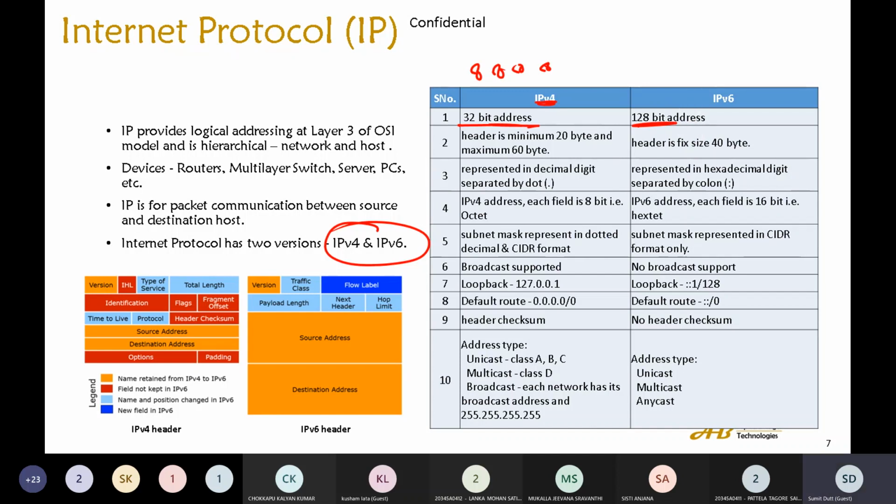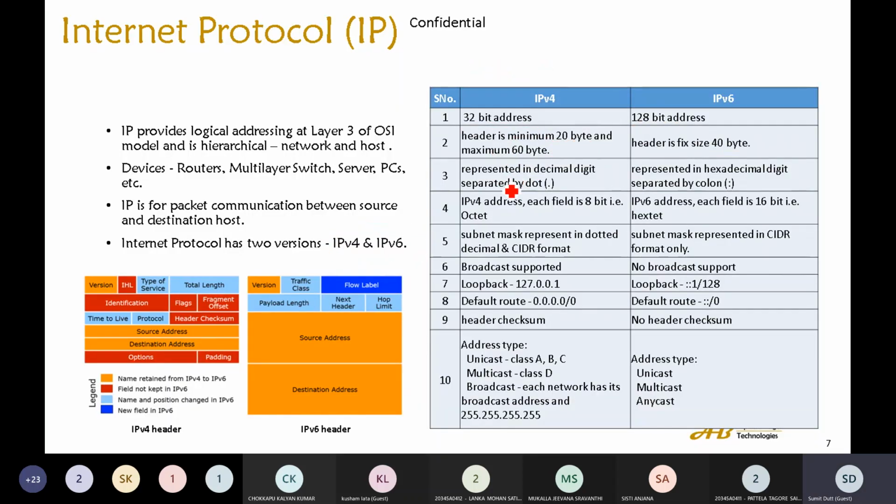Next, the header varies from 20 to 60 bytes, whereas here the header is fixed at 40 bytes. There is no optional or variable part available, while here we have 40 optional bytes. That is how it becomes 60 bytes.